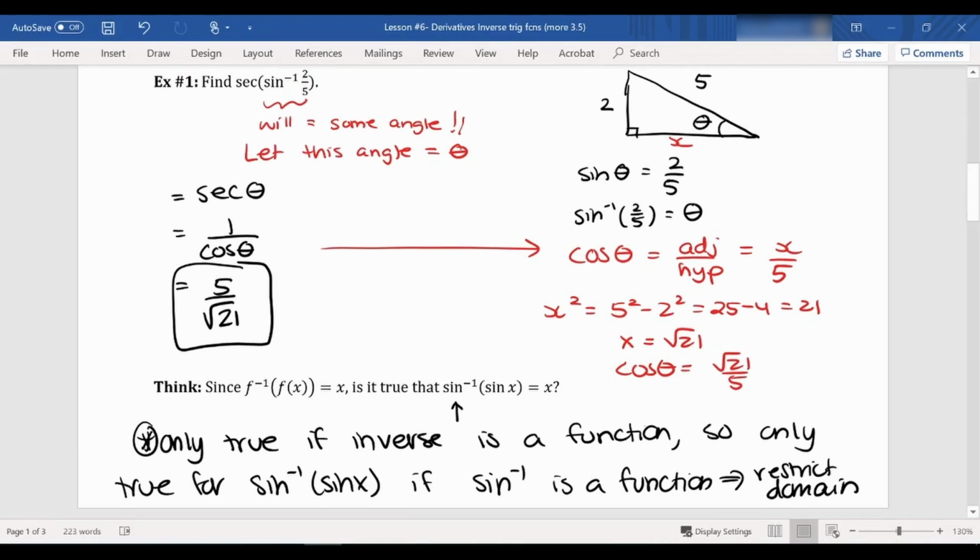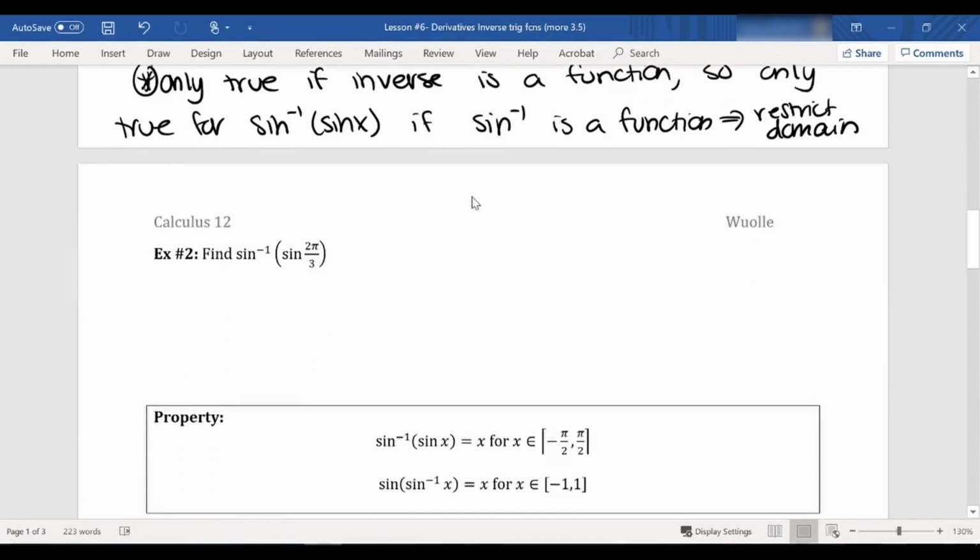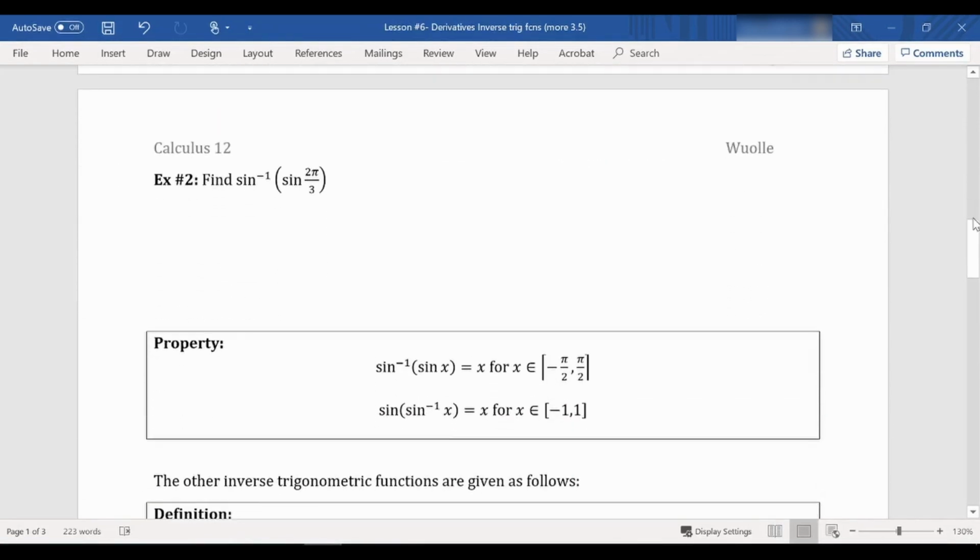All right, now we're going to try this one. Again, I would draw myself a picture. So first the question is, well, what does this equal? This equals a ratio of sides, right? We have some sine theta equals some other thing, and we plug that other thing back into sine.